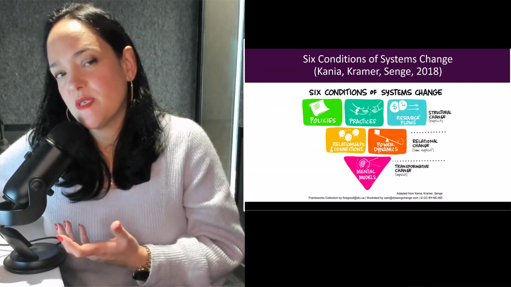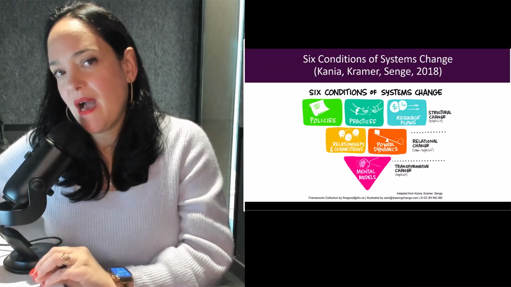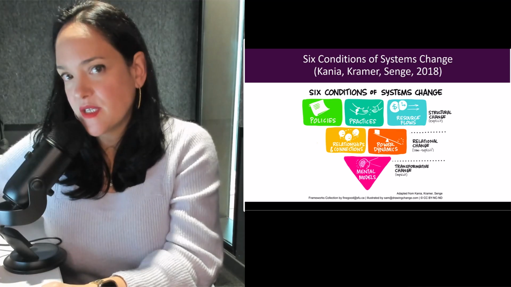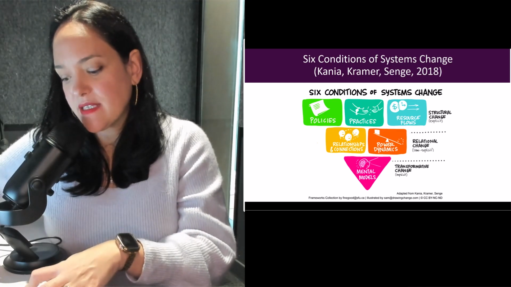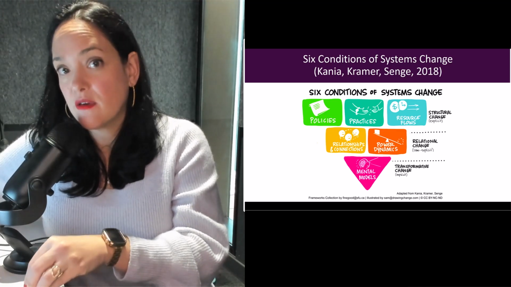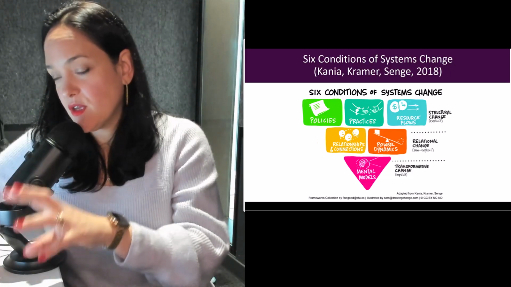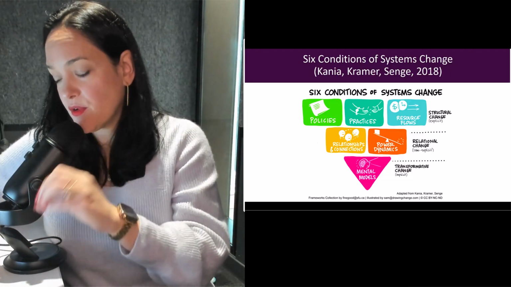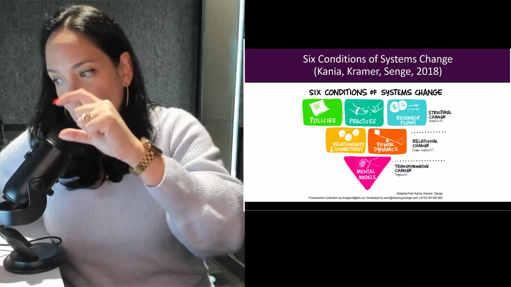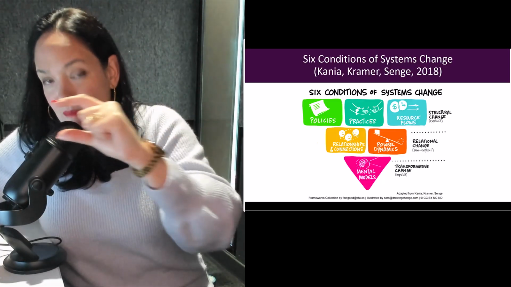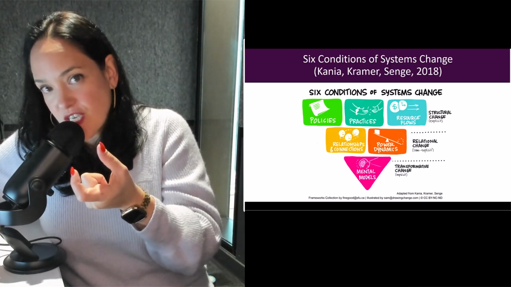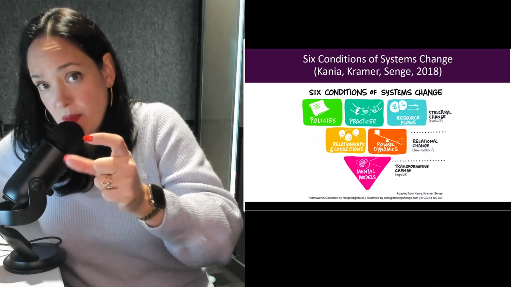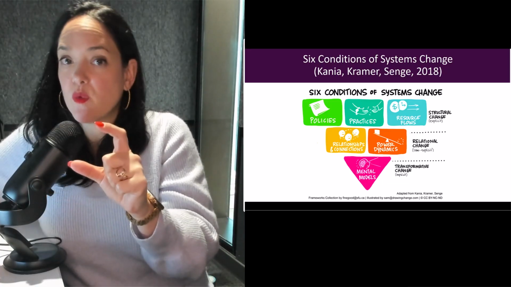And some of these things I've been talking about really bring back these concepts from the complexity unit as far as how we promote change in complex systems. If we look at this waters of systems change concept from Kania, Kramer, and Senge, we're really focusing on that middle part, trying to shift power dynamics and empower the individual we're working with.